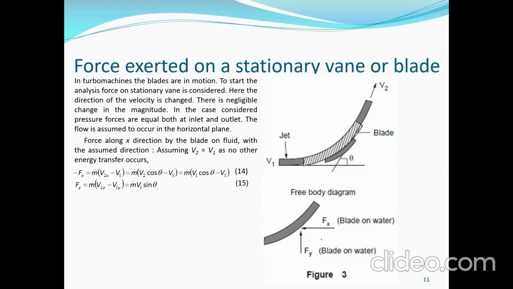So negative Fx is equal to the change in momentum, M dot times B2x minus B1x. This is component at x-axis. Is equal to M dot times B2 cosine theta. Di ba? Yan. Angle niya, yan, yung theta. Is equal to M dot B1 cosine theta minus B1, kasi B2 is equal to B1. Parang ito yung absolute velocity niya.